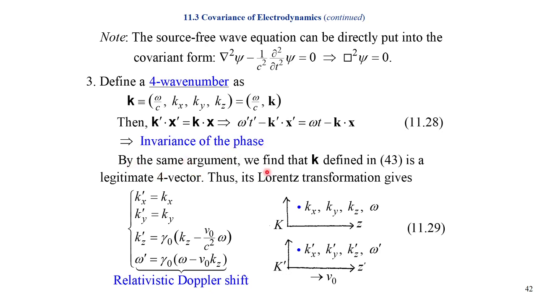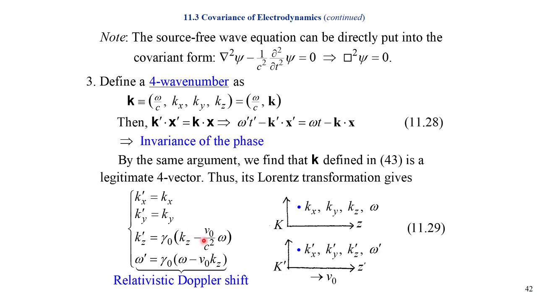By the same argument, K defined in equation 43 is a legitimate 4-vector. Thus, the Lorentz transformation gives us this one. And interestingly, we find the relation between omega and k through these relations. This is the relativistic Doppler shift.